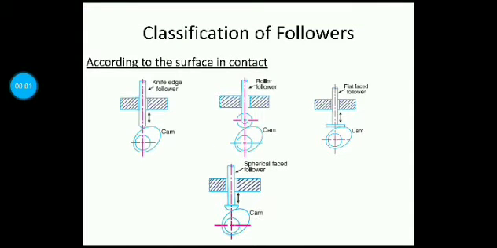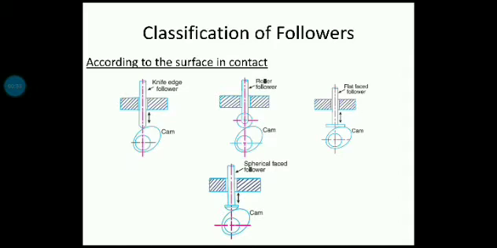Now we will discuss the classifications of cam and follower. There are different classifications based on the classification of follower and the classification of cam. Right now we will be discussing the classification of follower. In this also there are various classifications based on various parameters.